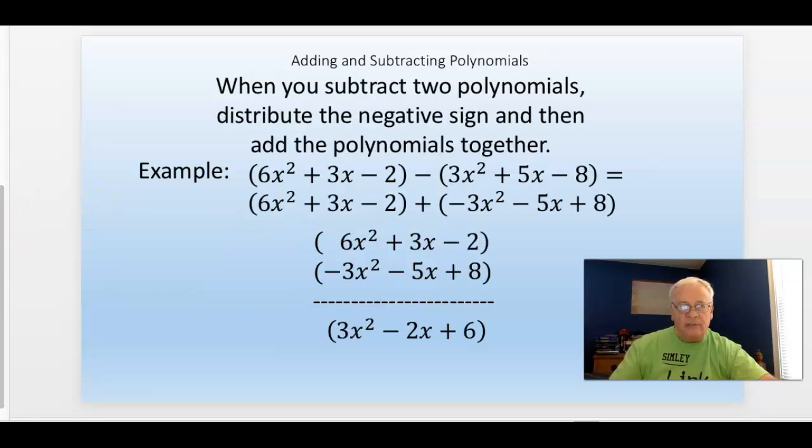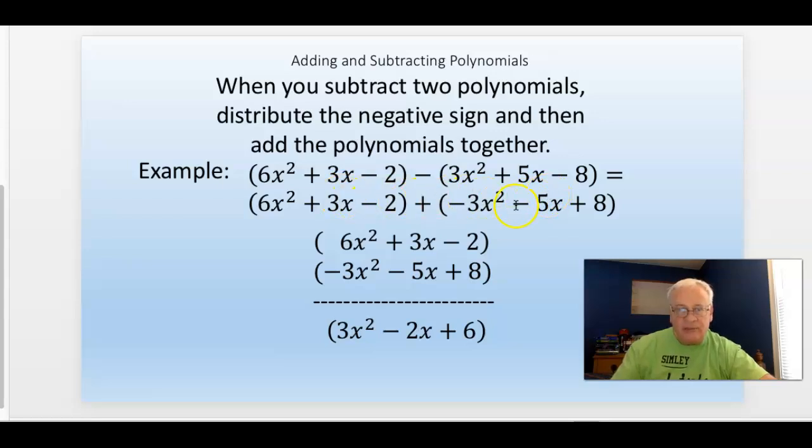All right, next, subtracting two polynomials. So you're given a problem where you have to subtract two polynomials. The first thing you should do is distribute this negative sign over these three terms in this example. All right, so take the negative out here times 3x squared, and then times 5x, and then times negative 8, and rewrite it as an addition problem.